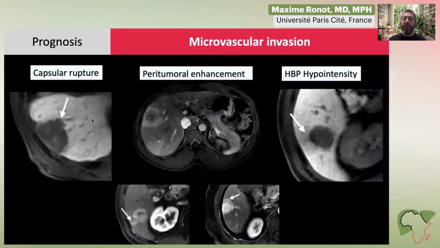Other features you may look at are everything around the tumor, so the capsule, the peripheral enhancement, hypointensity on hepatobiliary phase, which tells you something about the local invasiveness of the tumor.